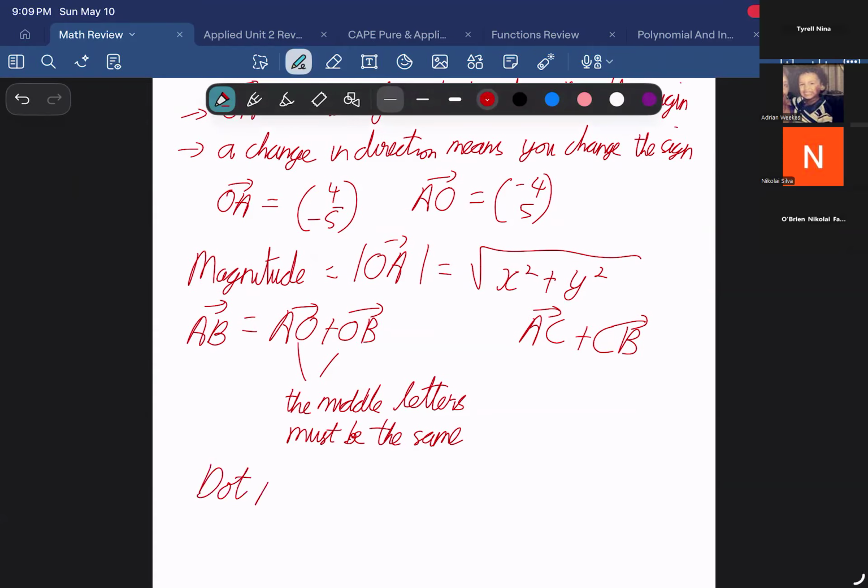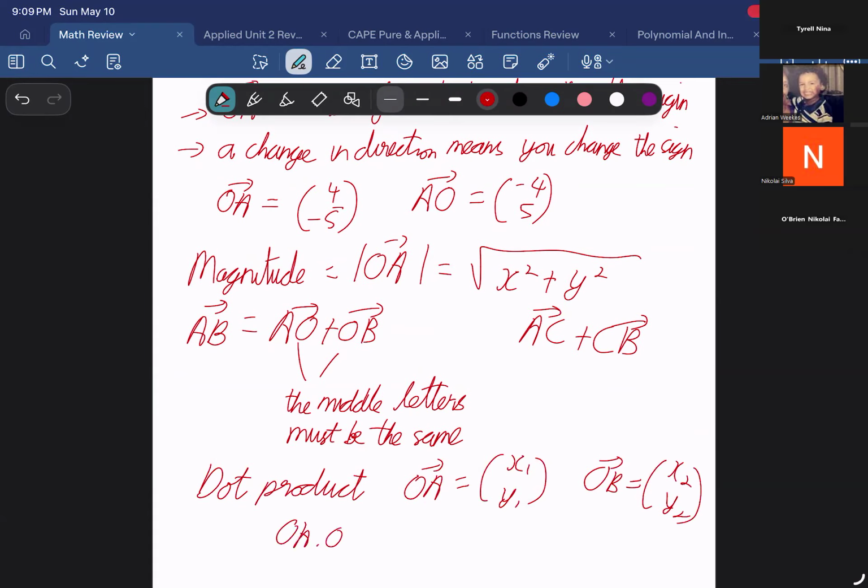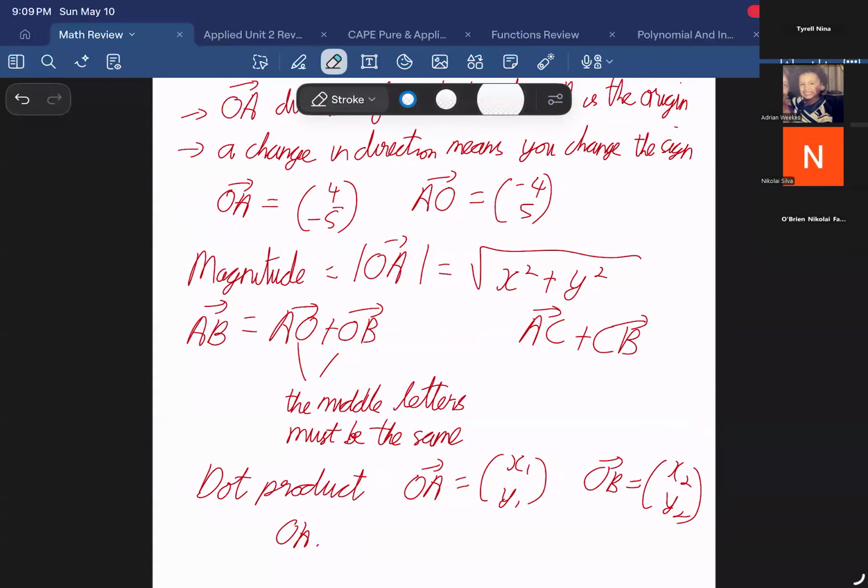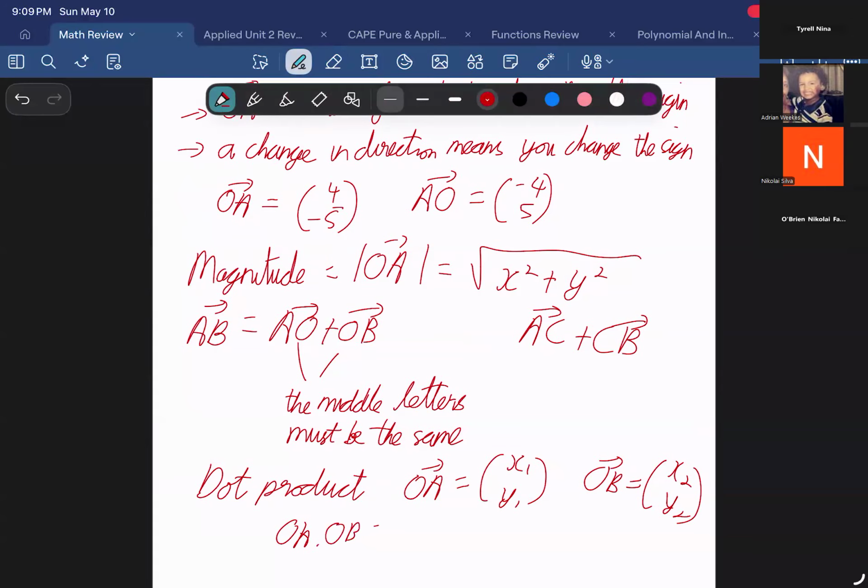Dot product. So if I have OA is (x1, y1), OB is (x2, y2), then OA dot OB is x1 x2 plus y1 y2.